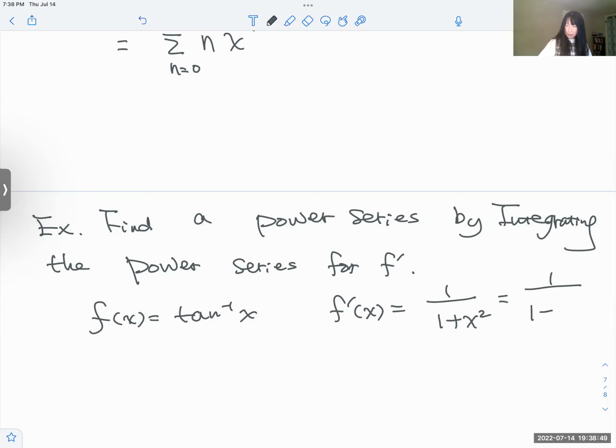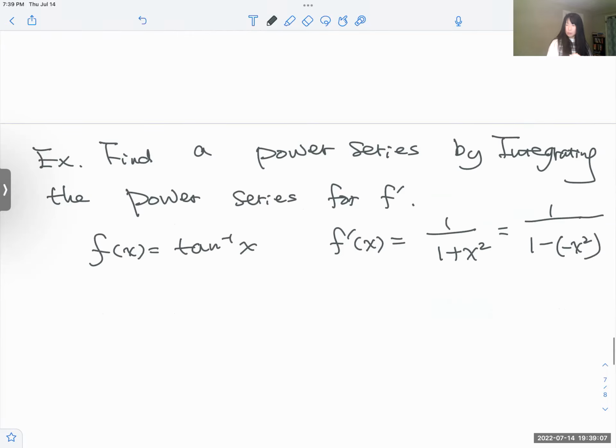Then we can see this one like a rational function, 1 over 1 minus, I have to be careful, right? So it's 1 minus negative x, inside the square. I made the mistake earlier. All right, you can see that rational function right there. Now what we do, we're gonna find the power series of this one.